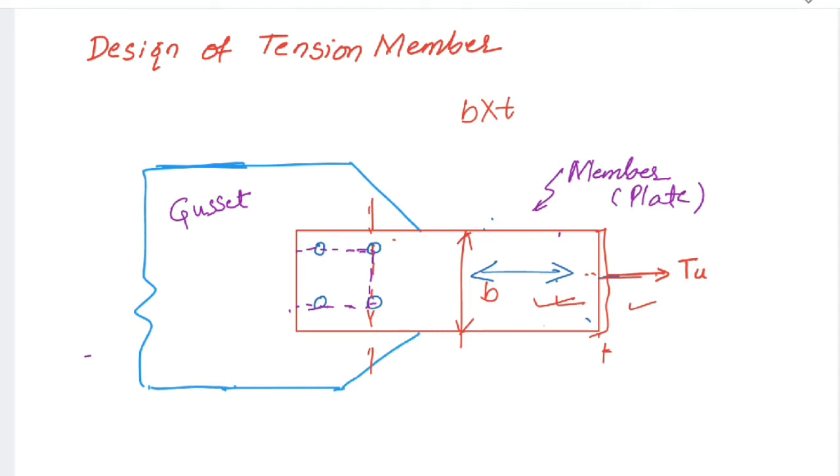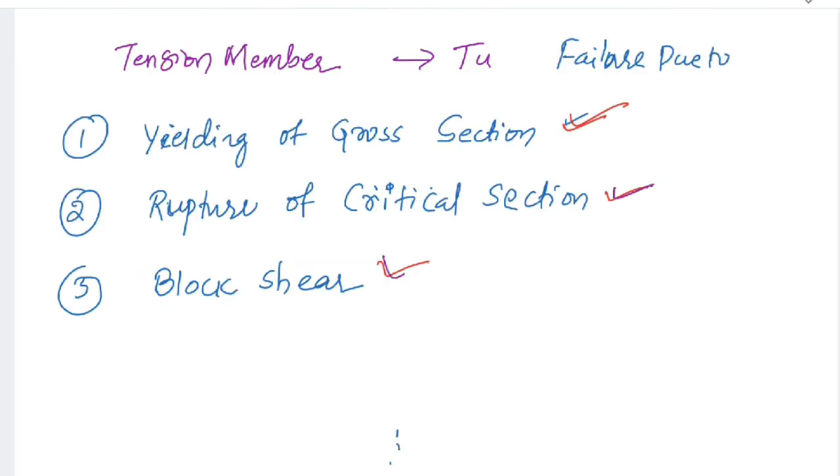So there are three types of failure in a tension member. Before designing or analyzing any tension member, you need to check these three. For example, we have taken some member connected to a gusset plate.